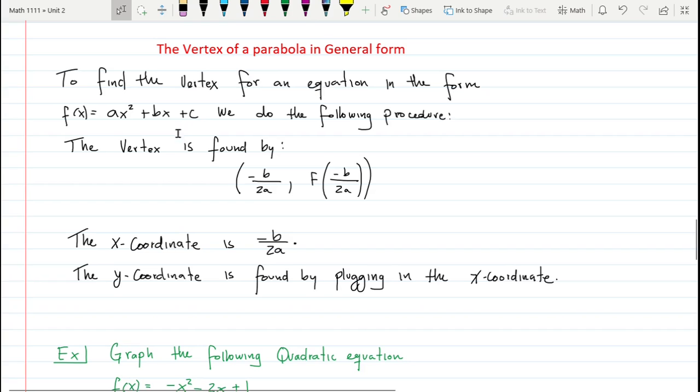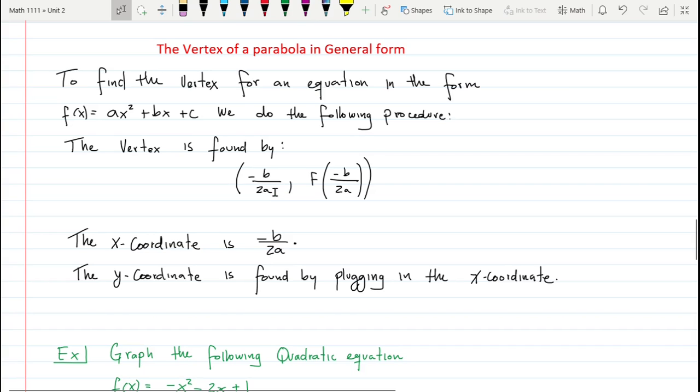So this is the vertex, this coordinate pair. And you find it by doing negative of the b value divided by 2a. So this number is coming from here, a and b. So negative of this number divided by 2 times a, and that would be your x value.